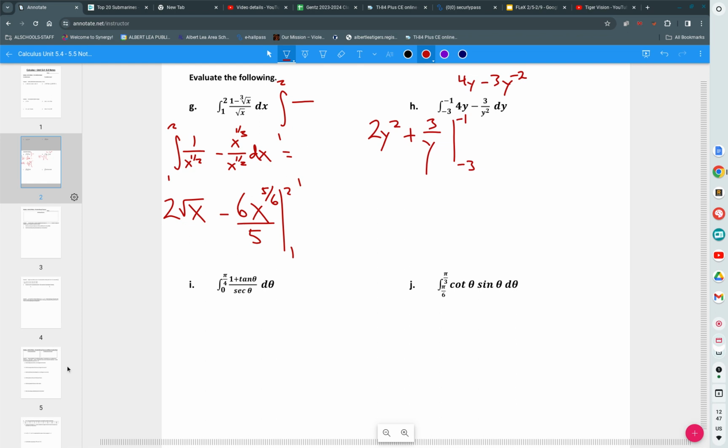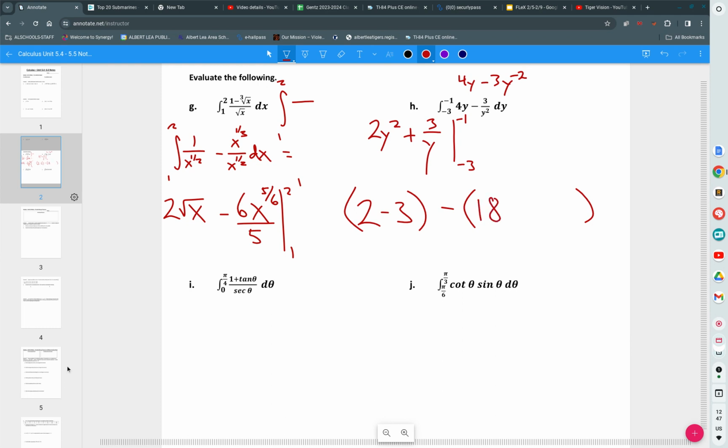And so I'm going to plug in the -1, and I get 2 times 1 is 2. I plug in the -1, and I get -3. I plug in the -3, and I get -3 squared is 9 times 2 is 18.